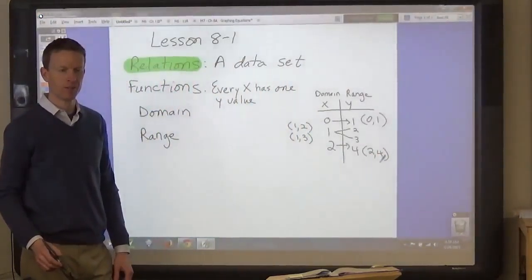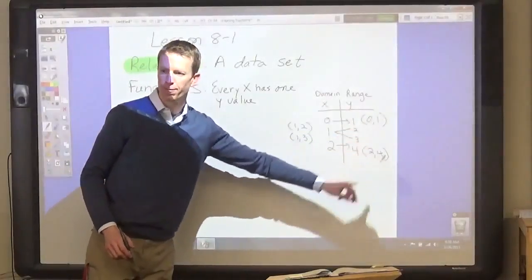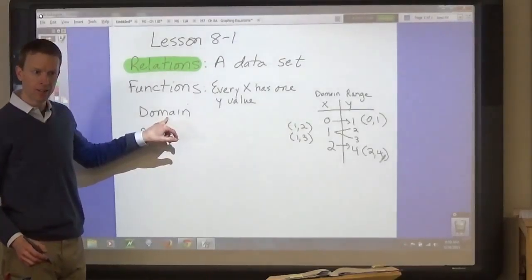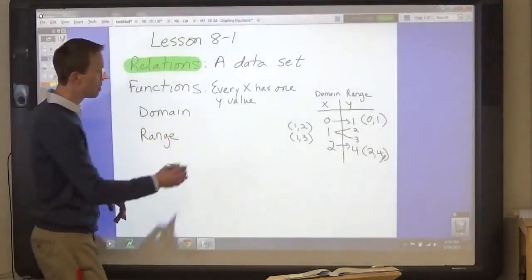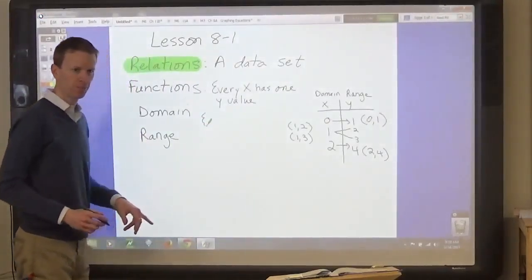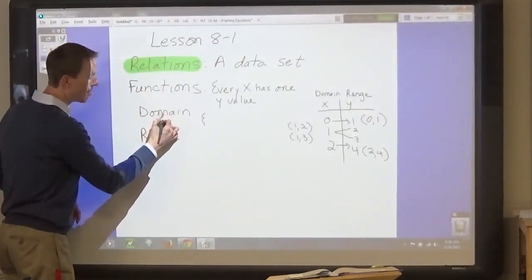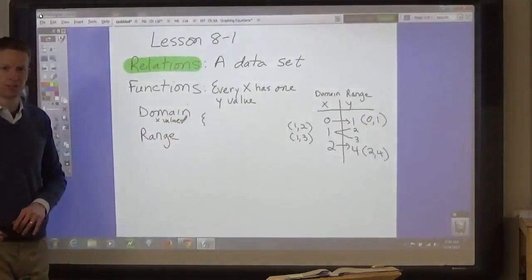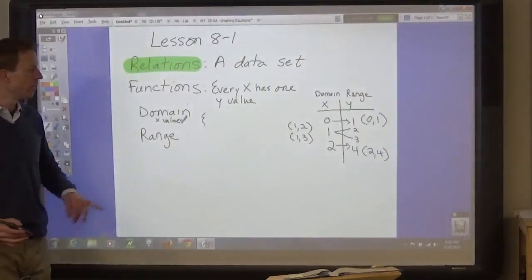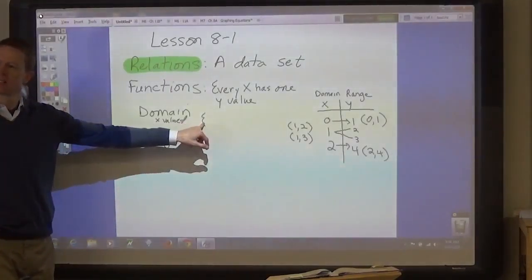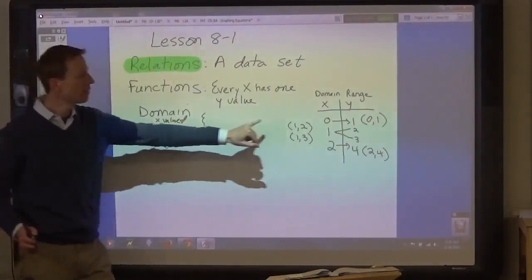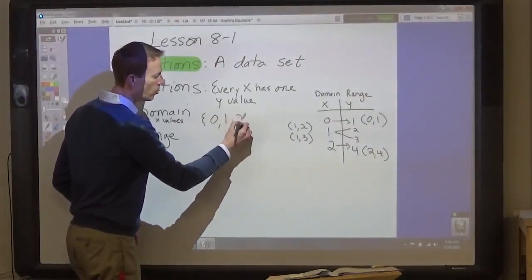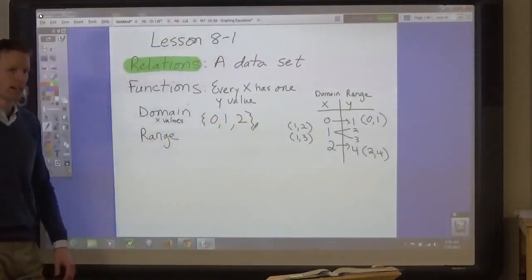Okay? So this gives us some points for a graph. And if we were to list the domain of these points, we would list them like this, in a set of brackets. Remember, the domain is the x values. All of the x values. If it said list the domain, we would list the x values: 0, 1, 2, just like that, in these brackets.